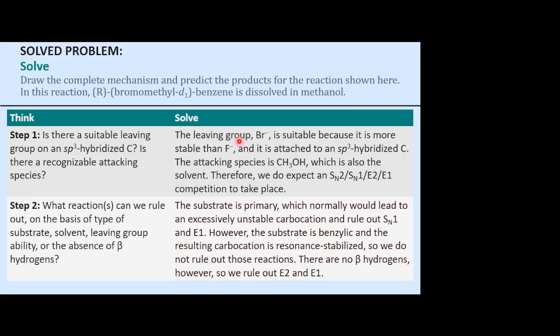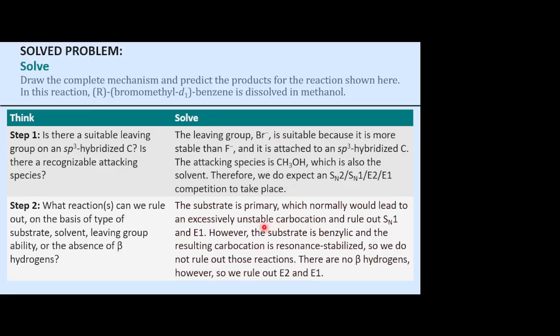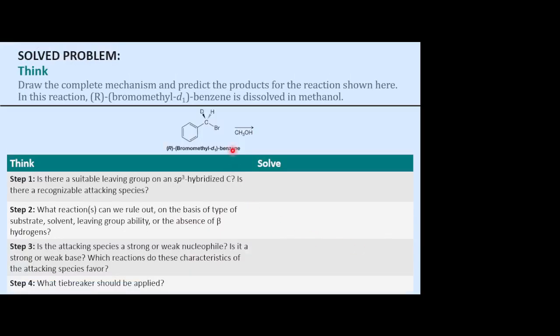And so again, the substrate right here, this is a primary, isn't it? So we don't have to worry about tertiary blocking things out. This is going to lead us to a pretty unstable carbocation typically. However, we do have a mitigating condition here, and that is this right here.